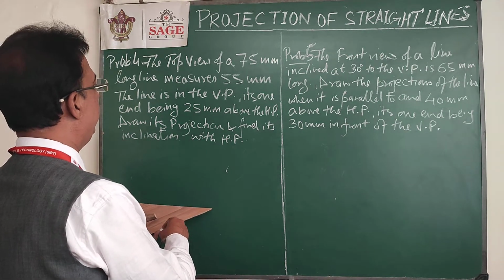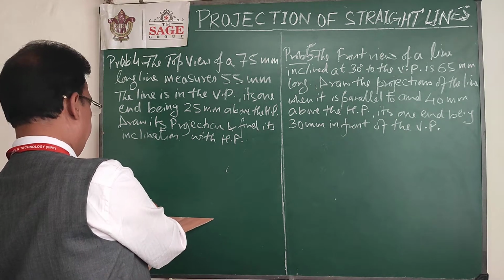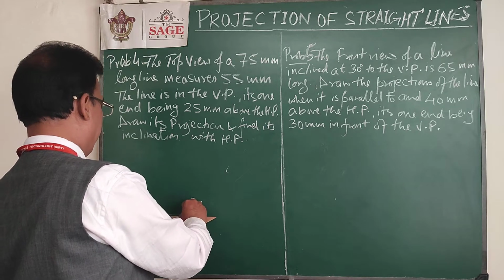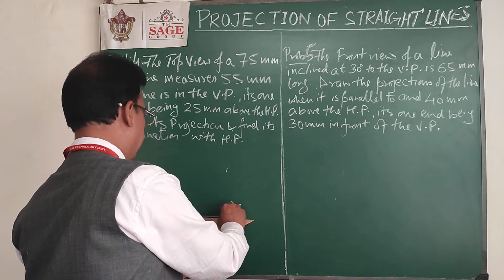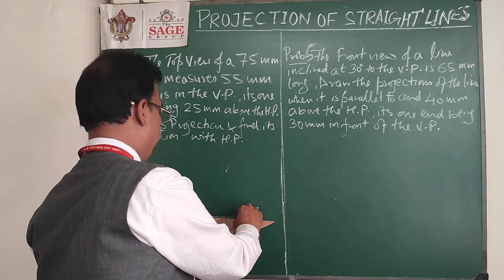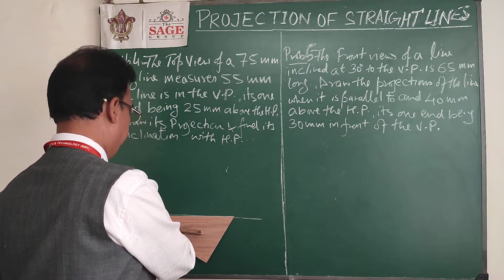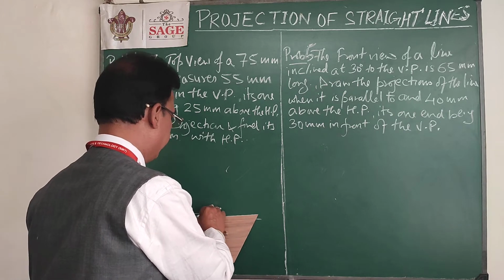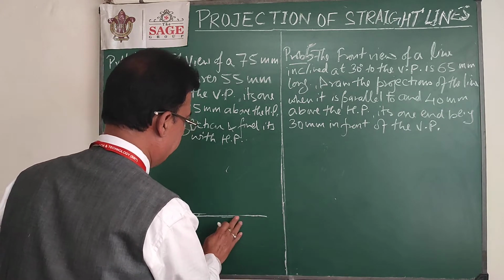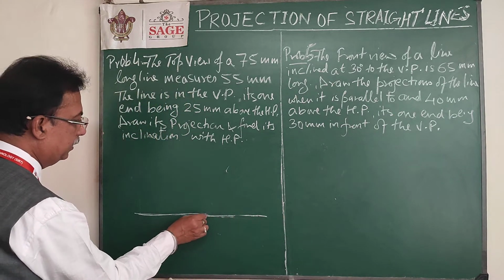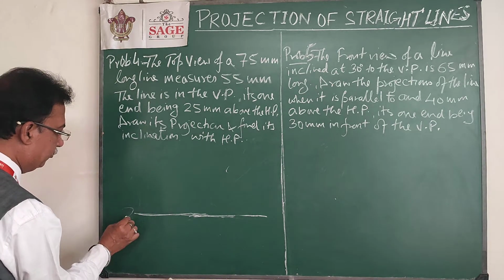This point will be on the VP and 25 mm above the HP. So I will start with this point, and initially I will draw the reference line XY.